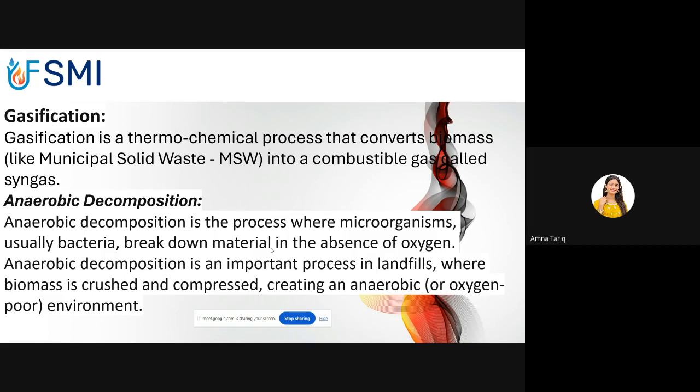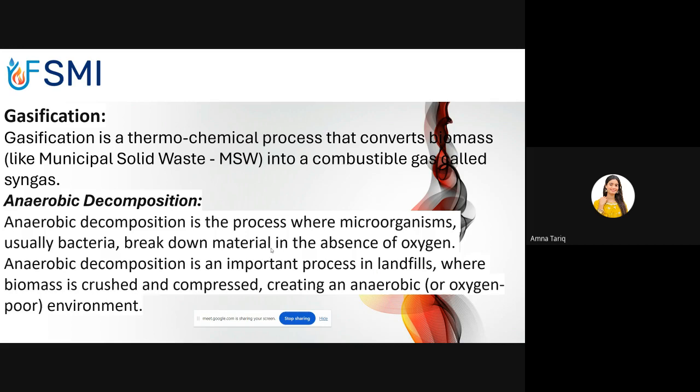So the last type is anaerobic decomposition. Anaerobic decomposition is a process where microorganisms, usually bacteria, break down material in the absence of oxygen. It is an important process in landfills, where biomass is broken down and compressed, creating an anaerobic environment.